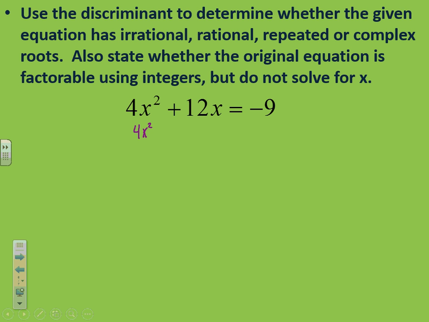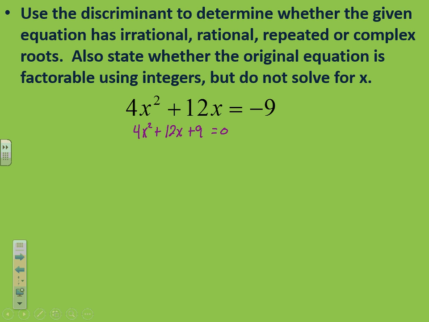So if, for instance, the 4x was a negative, I would move it to the right side to make sure that the largest term was a positive value. So plus 12x, and then bring the 9 over through addition, that will be plus 9 equals 0.